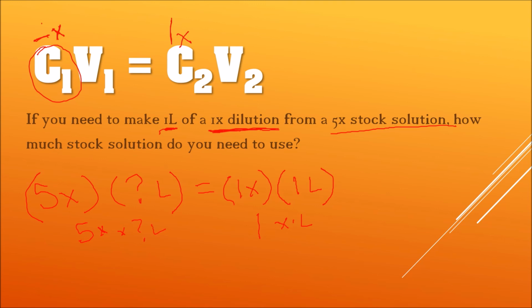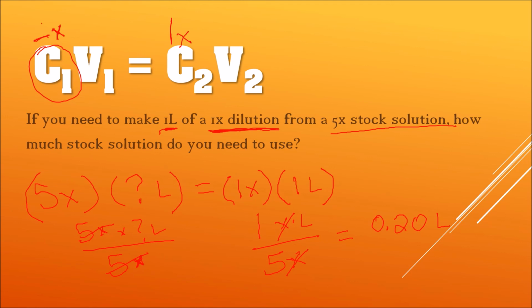So we need to divide by the 5X. This isn't 5x like in algebra; the X does not represent a number. It's just saying that it's 5 times concentrated. So the X cancels out. What we do on one side, we have to do to the other side. So this X cancels out with this X up here, and you end up with 0.20 liters.